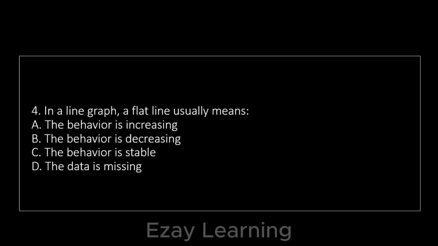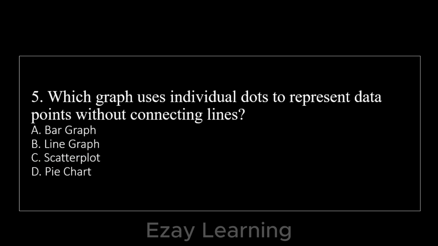A higher value. In a line graph, a flat line usually means the behavior is stable. Which graph uses individual dots to represent data points without connecting lines? Scatterplot. That's all for today.